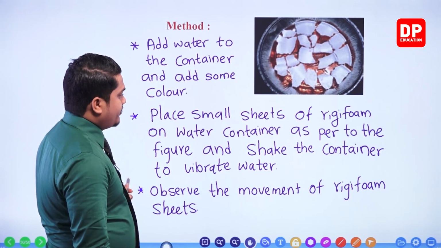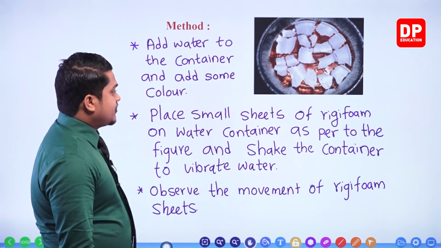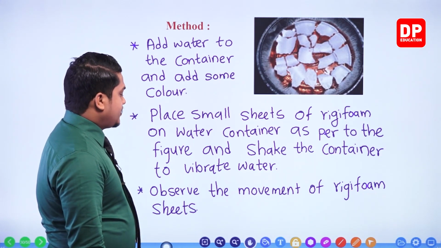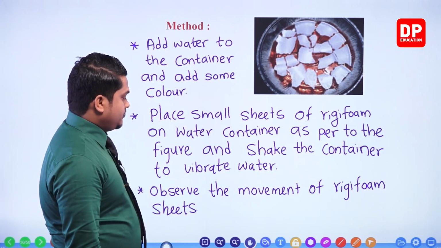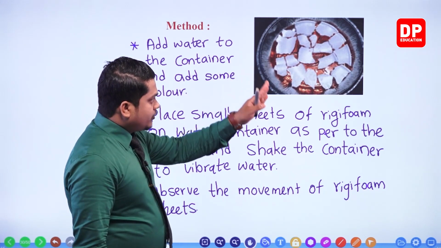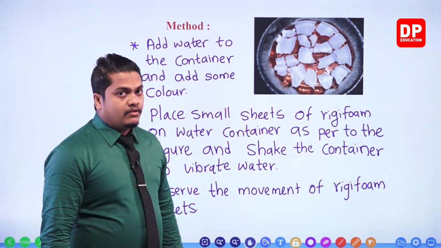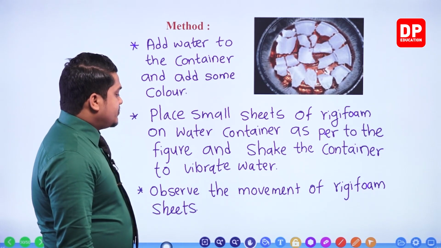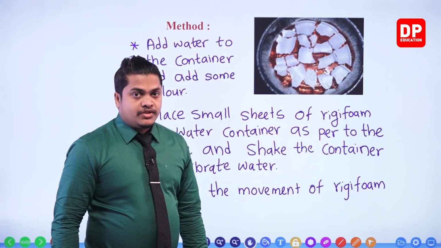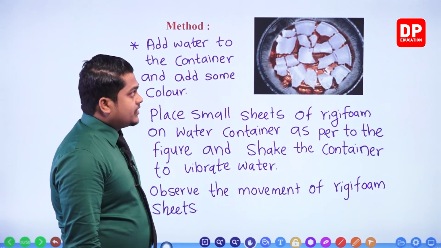If you want, you can add color, or you can keep it the same way, no problem. Then place small sheets of rigiform on the water container as per the figure and shake the container to vibrate the water. So you need to place the rigiform sheets according to the figure, right? Then you have to shake the container so that it will vibrate the water. Then observe the movement of the rigiform sheets. So this is how to continue the activity, my dear children.